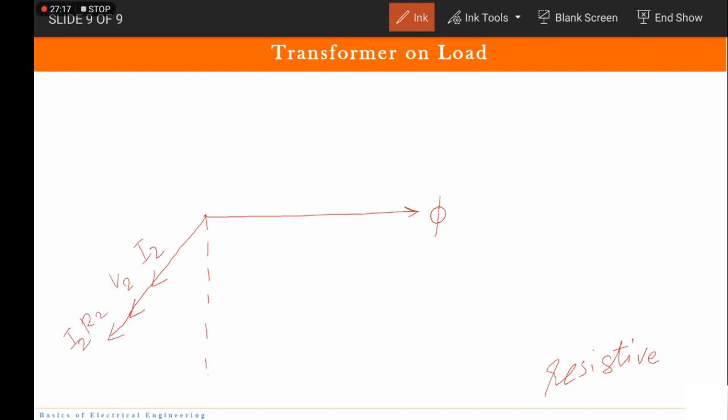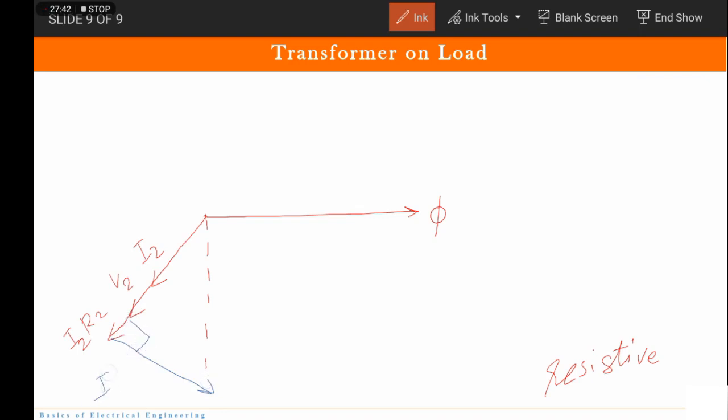Now I have one more component because of the reactance, which is 90° out of phase.